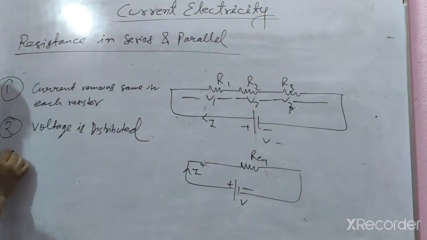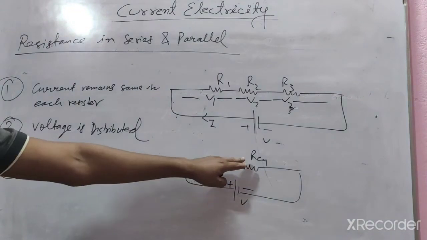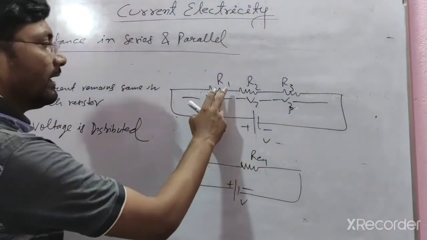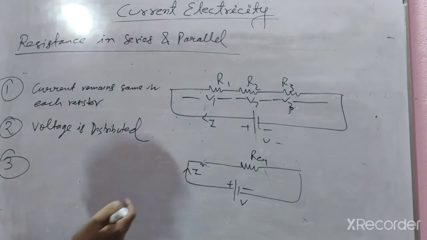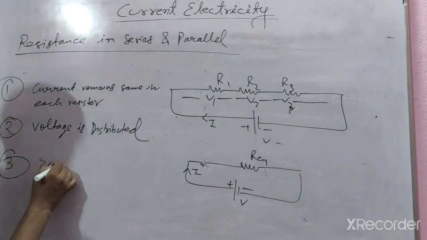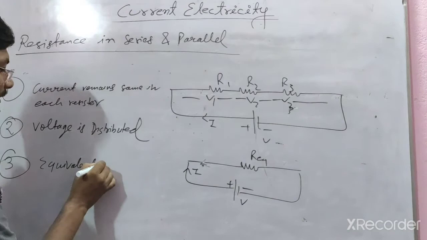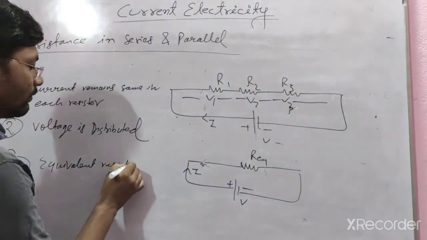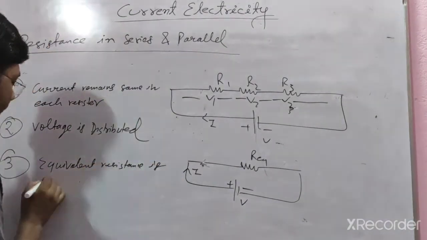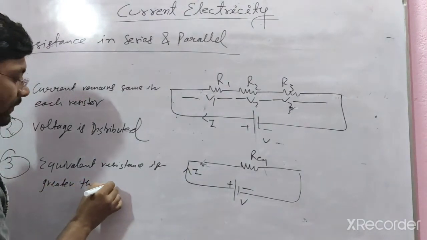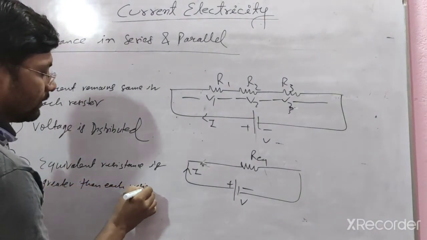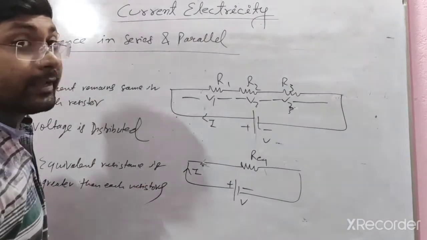Third thing is that the equivalent resistance is larger than each of the individual resistances. So equivalent resistance gets increased. Equivalent resistance is greater than each resistor.